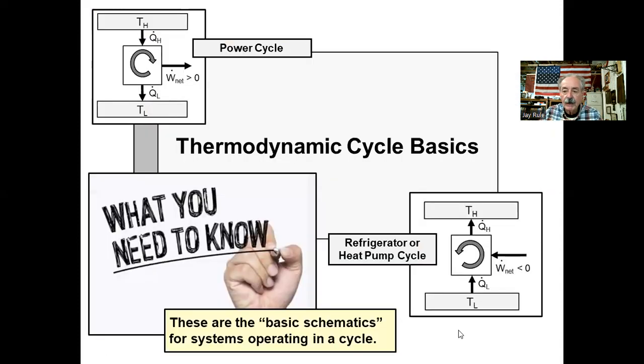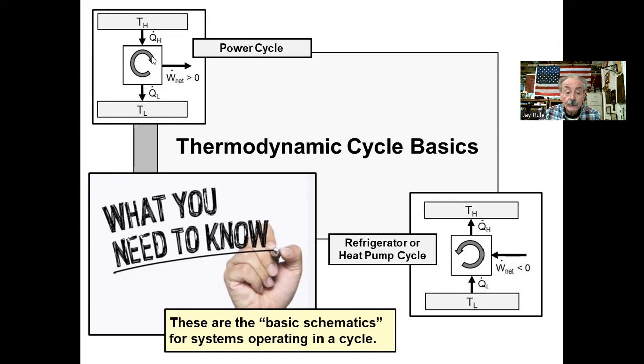As part of our crash course, I want to look at some basics of thermodynamic cycles. I've shown two schematics here. Let's look at the power plant cycle first. What do we see here? For both of these, we see a high temperature heat source reservoir and a low temperature heat sink reservoir.